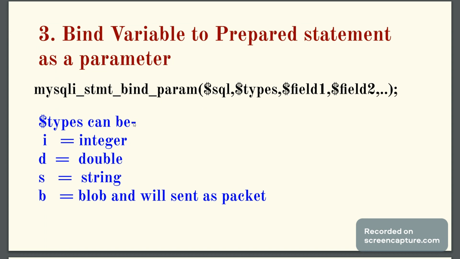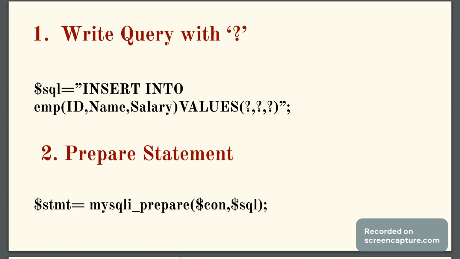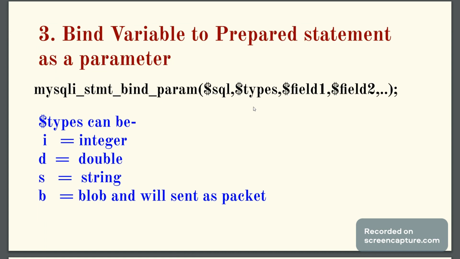The type can be i for integer, d for double, s for string, and b for blob, which will be sent as a packet. As of now, just think of ids: i for integer, d for double, and s for string. So for this query, at the three question marks, the type of data I am going to put at the time of execution, that data type we are mentioning here.